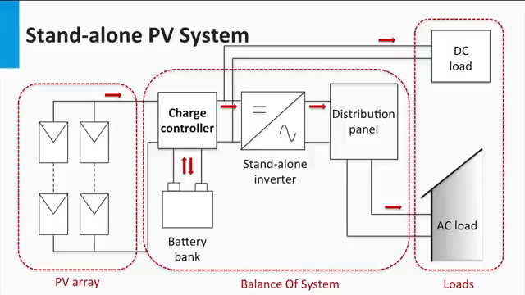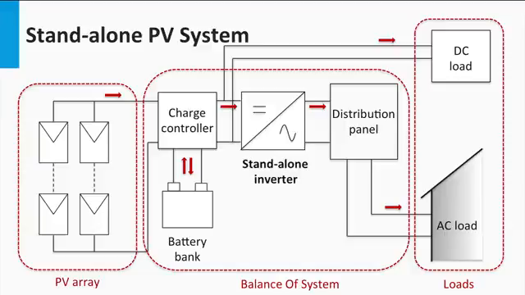Given the complexity of the functioning of a battery, the use of a good charge controller can increase the lifetime of the battery manifold. This is more than welcome, as the battery is often the biggest bottleneck in a standalone PV system's lifetime.